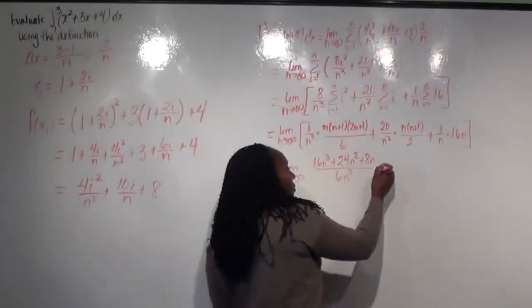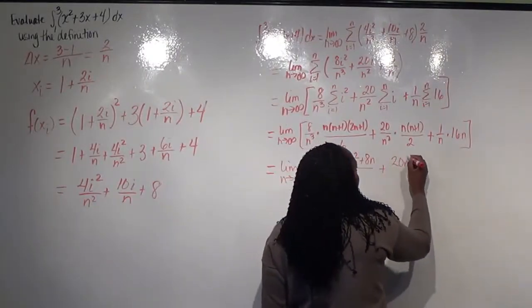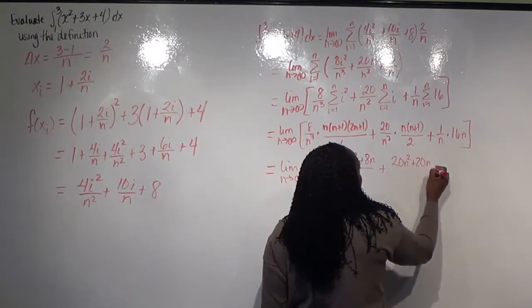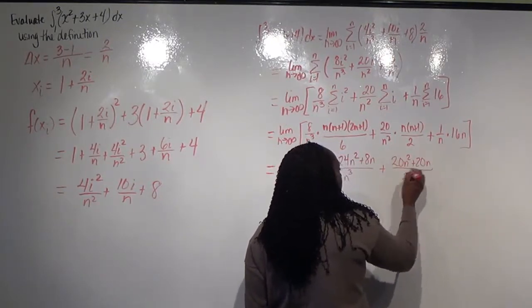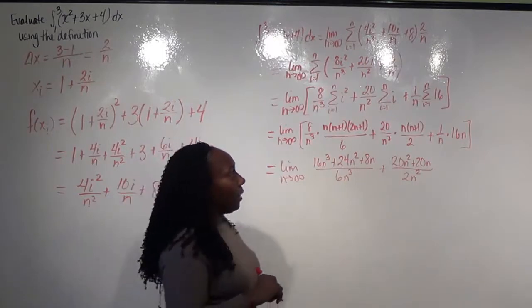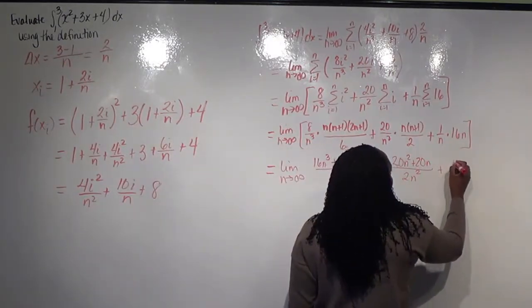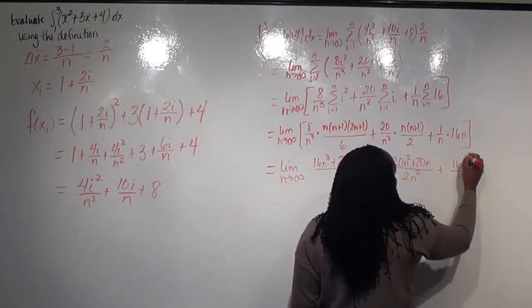For the middle terms, we'll get a 20n squared plus 20n all over 2n squared. And for that last term, 16n over n.